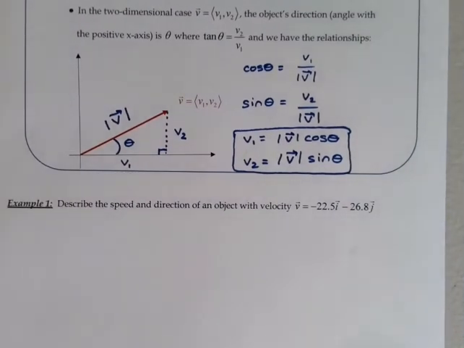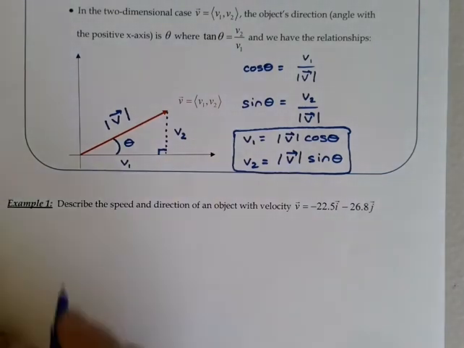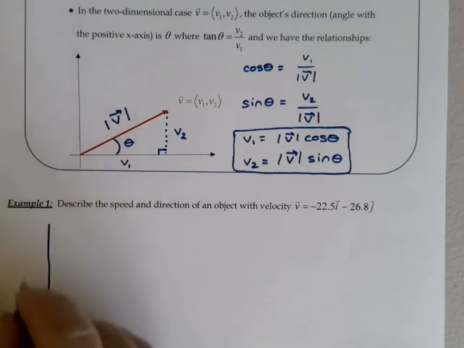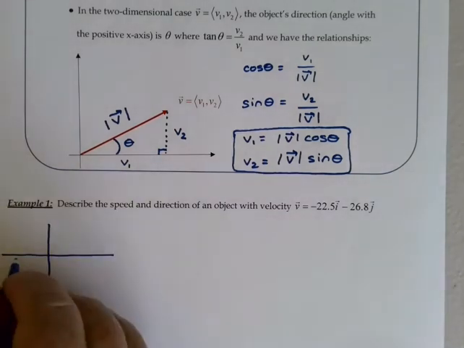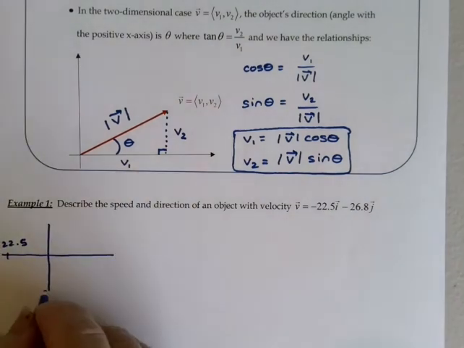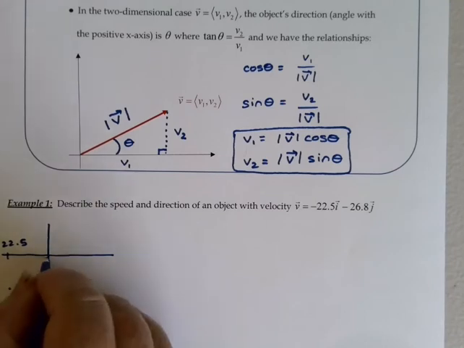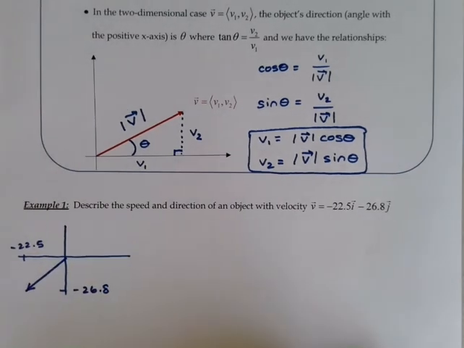All right, so in example 1, our goal is to describe the speed and direction of the object with this velocity vector. First of all, let's just give a rough sketch. Negative 22.5i and negative 26.8j. So our velocity vector looks something like that.